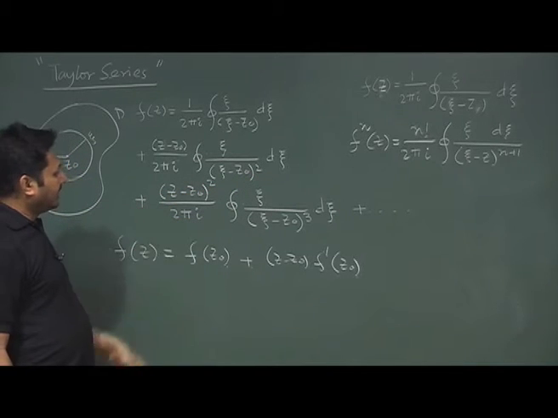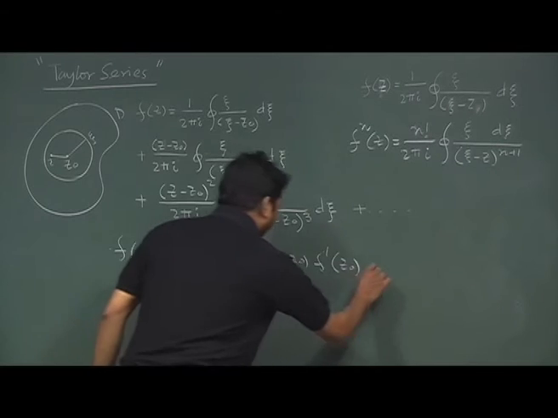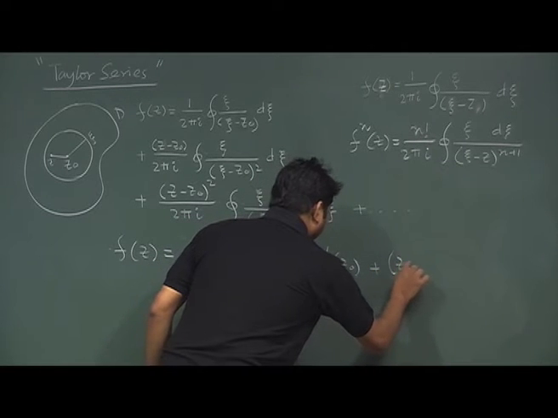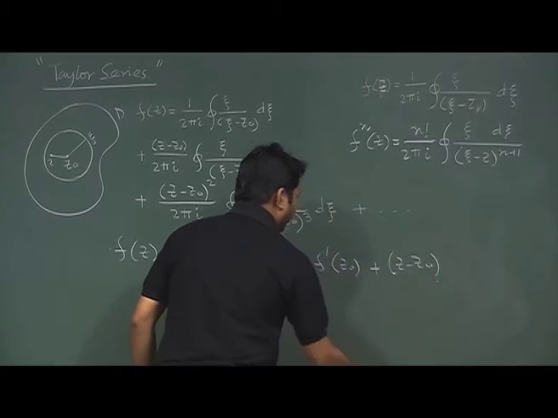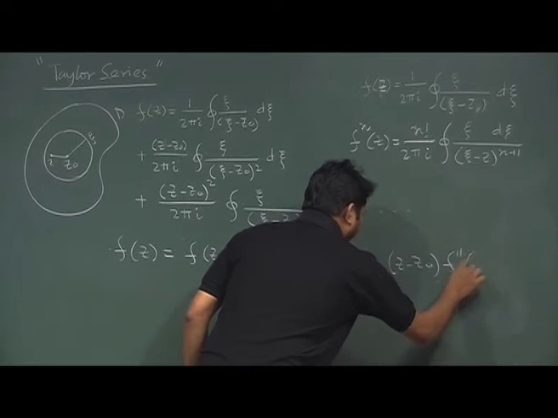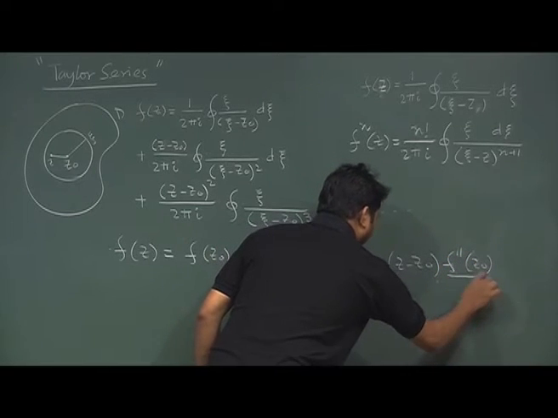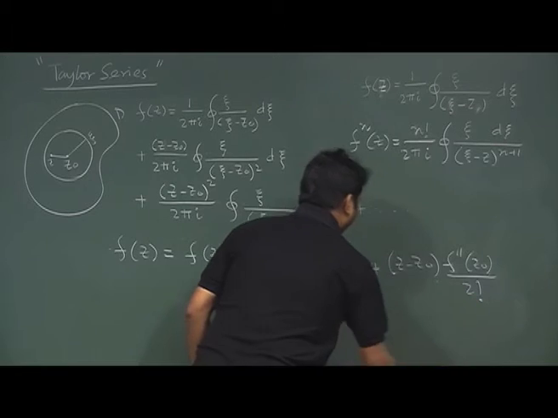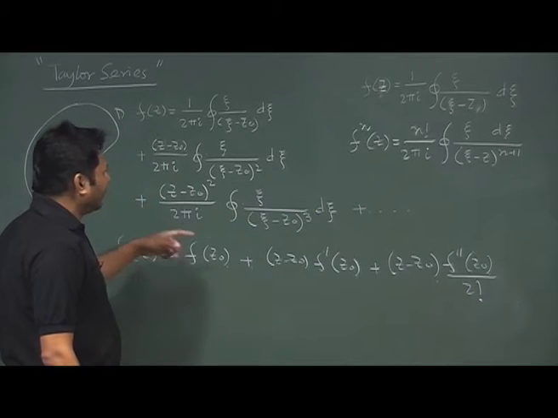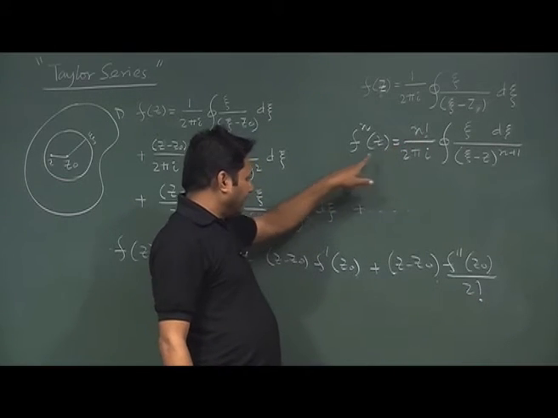What about the third term? Third term is (z minus z0) f double prime z0 divided by factorial 2. I need to put a factorial 2 because this term will come here.